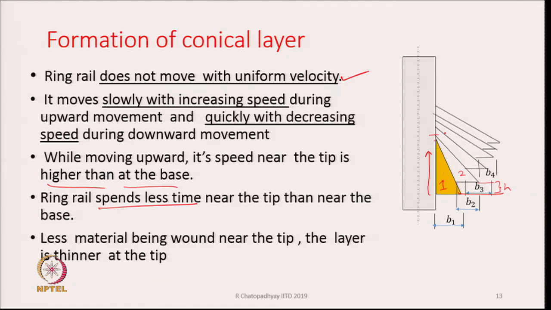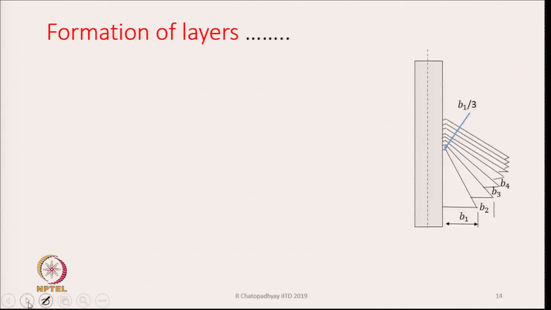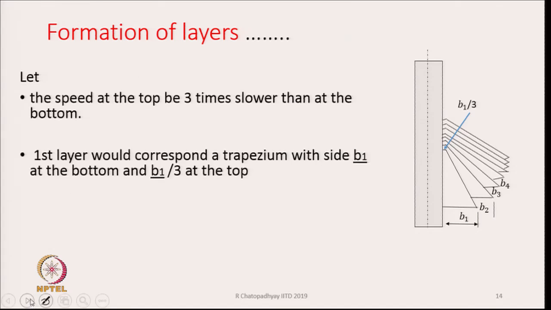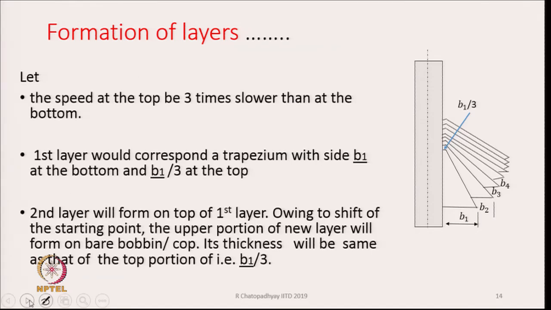What will happen? Layer 2 will be a little thinner than layer 1. Layer 3 will also be a little thinner than layer 2. This way, gradually, the layer thickness will change as we go from bottom to top.